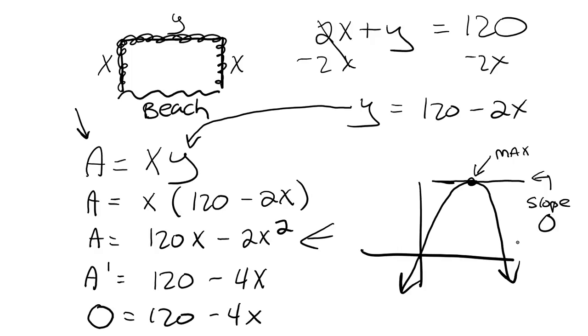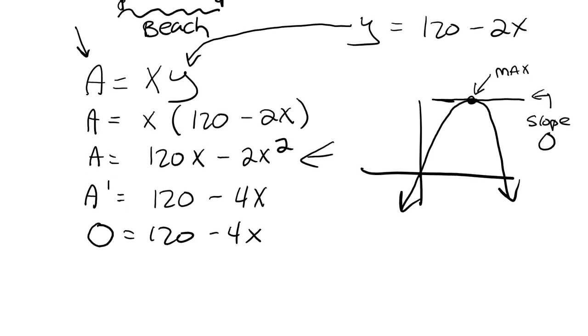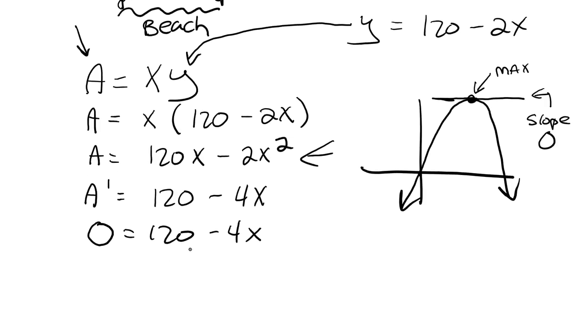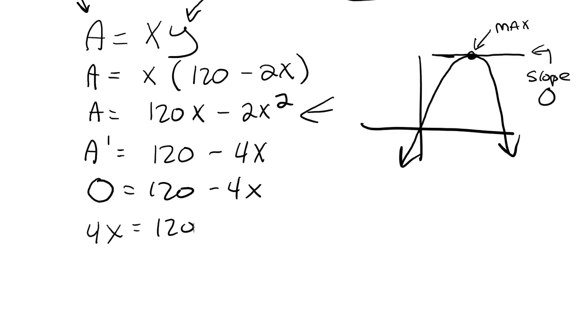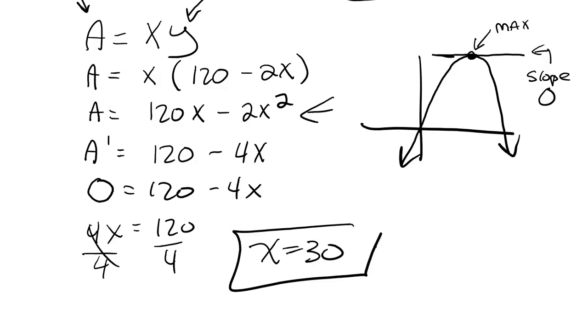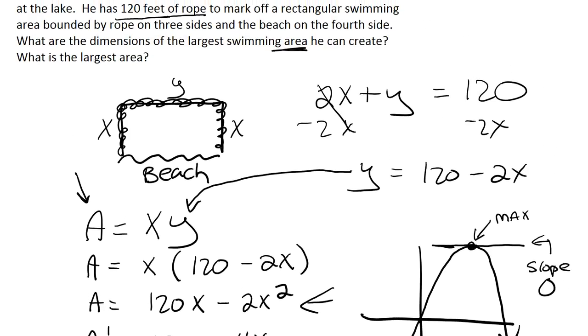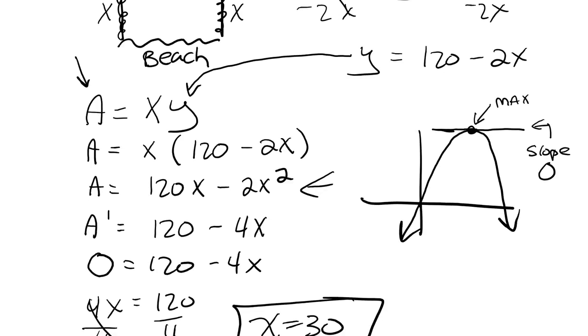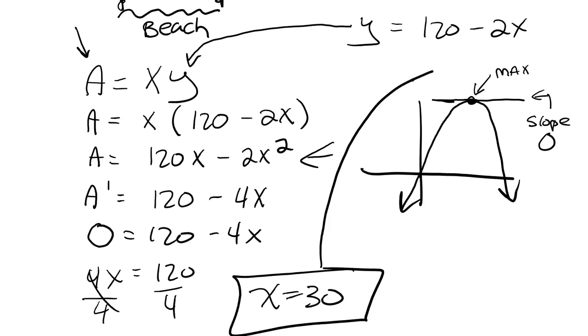Anyway, now let's finish out solving this problem here. So we have 120 equals 4x. I bring the 4x to the other side, adding 4x, and then we divide by 4, and we'll get that x is 30 in this case. So we're going to take that x is 30 and substitute it back into this equation, y equals 120 minus 2x.